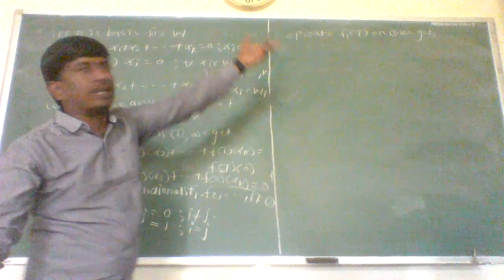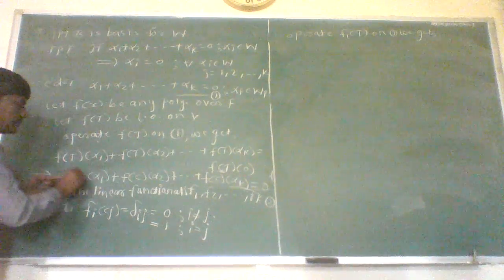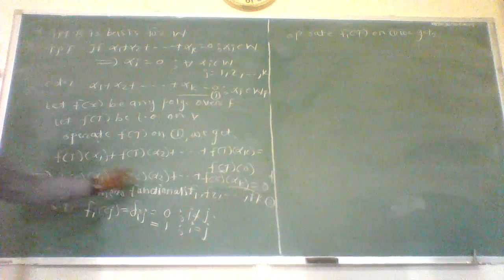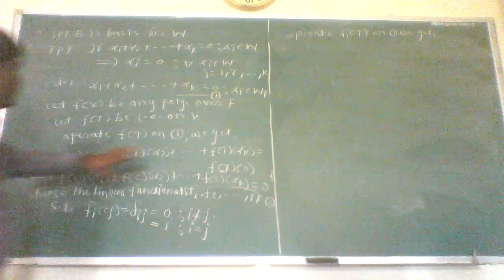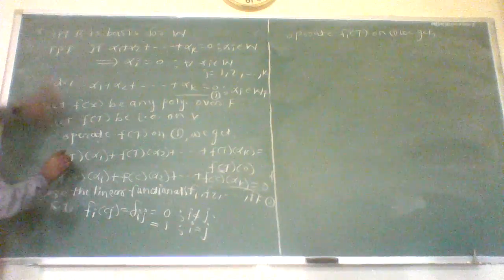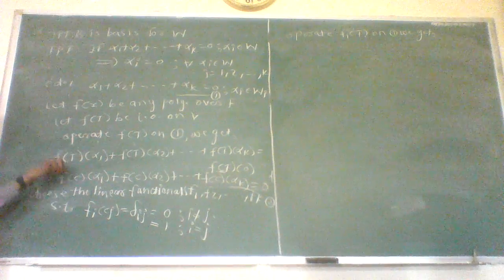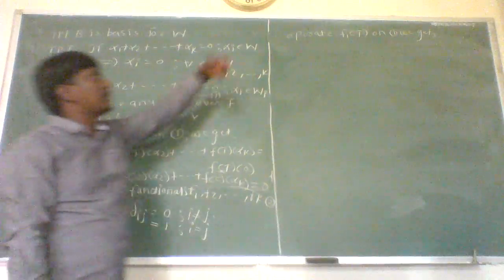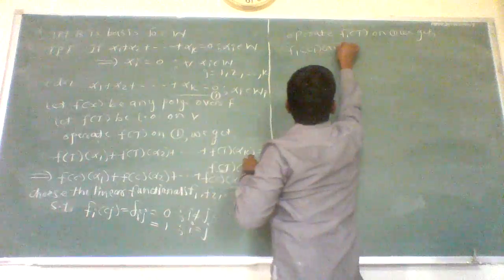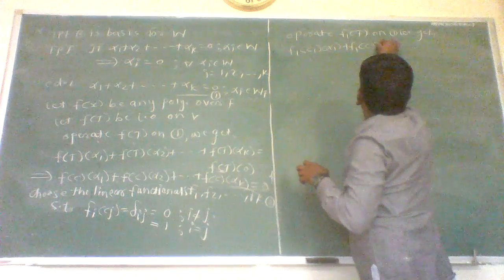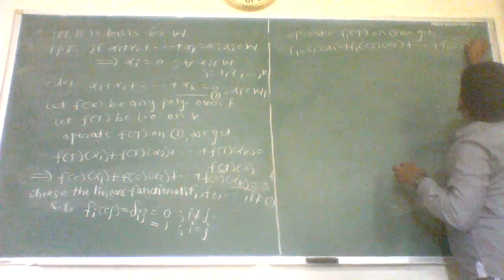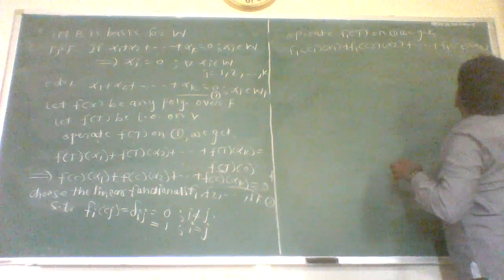Whenever we operate f1(T), we get f1 of c1 alpha 1 plus f1 of c2 alpha 2 plus up to f1 of ck alpha k. This is for a particular f and linear operator T. But from equation 2, when we operate f1(T), we get f1 of c1 of alpha 1 plus f1 of c2 of alpha 2 plus up to f1 of ck of alpha k is equal to 0.